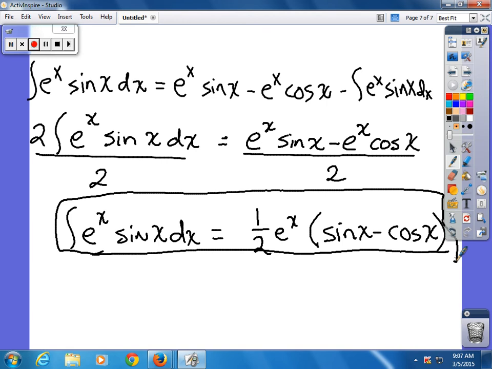That can also be written as e to the x over 2 times sine of x minus cosine of x.